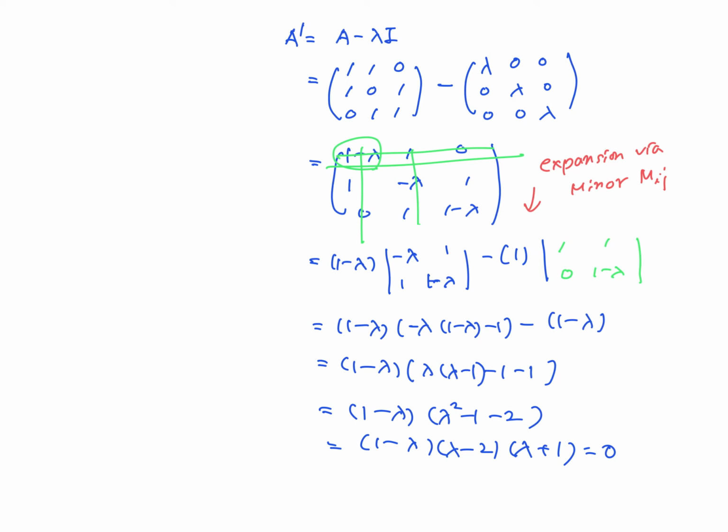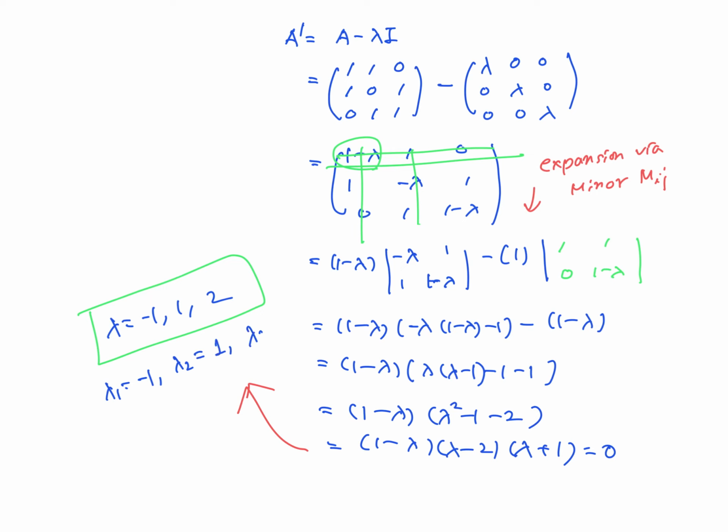So what do we have? Lambda is equal to minus 1, 1, 2, right? We have 3 different eigenvalues. So we can set lambda 1 equal to minus 1, lambda 2 equal to 1, lambda 3 equal to 2.